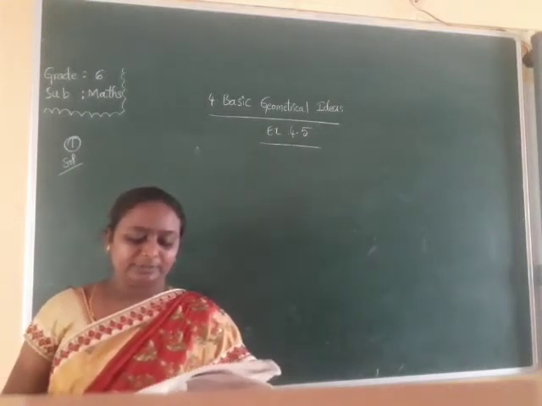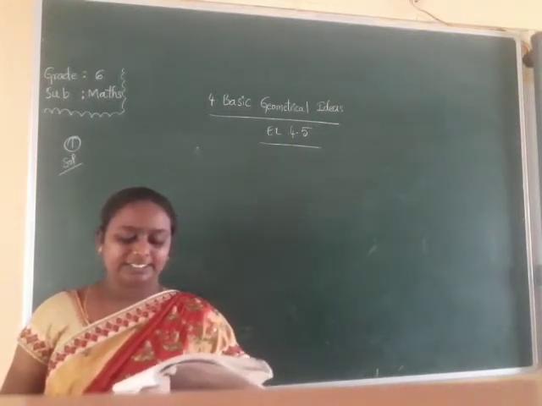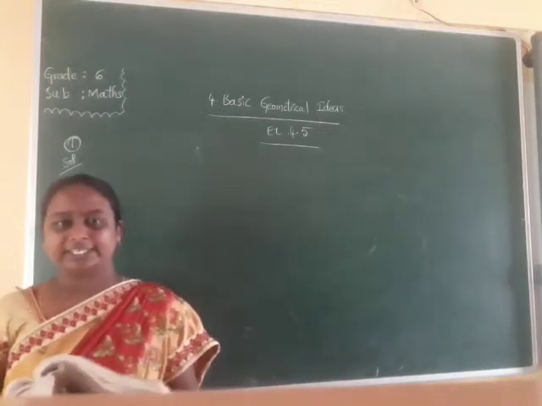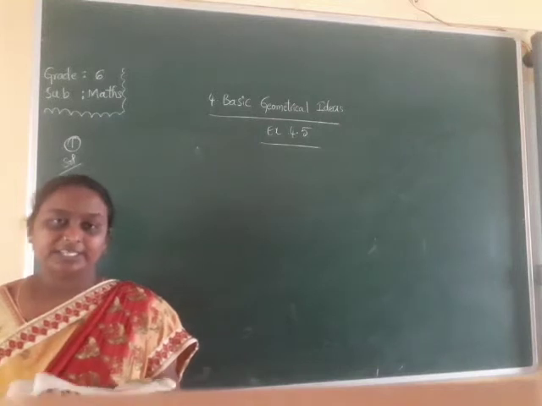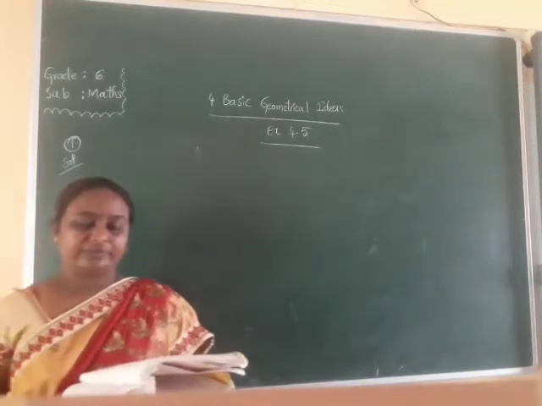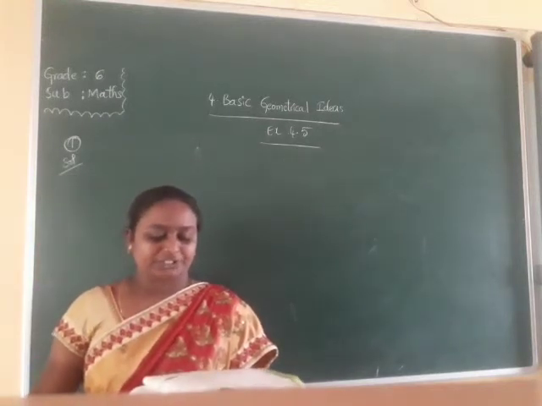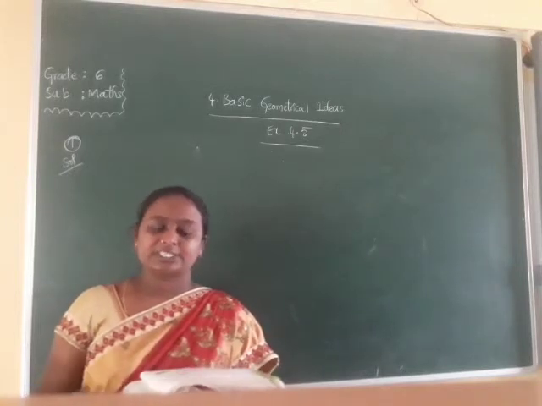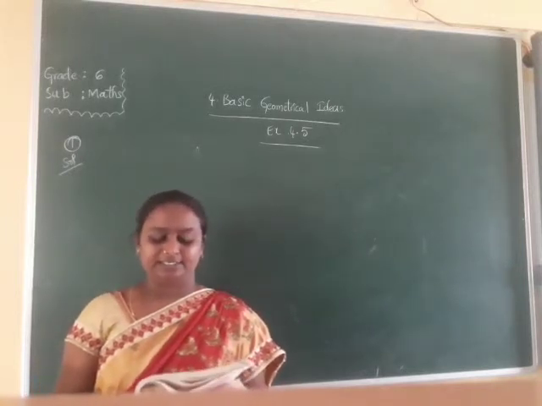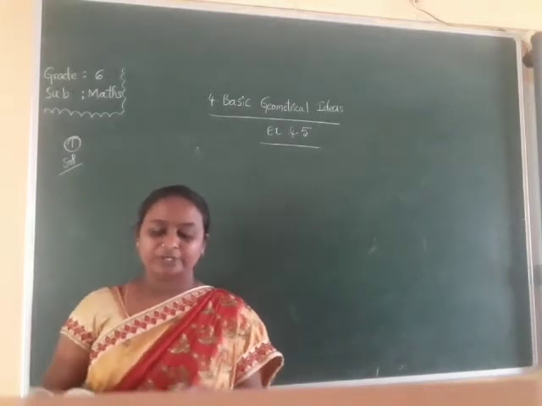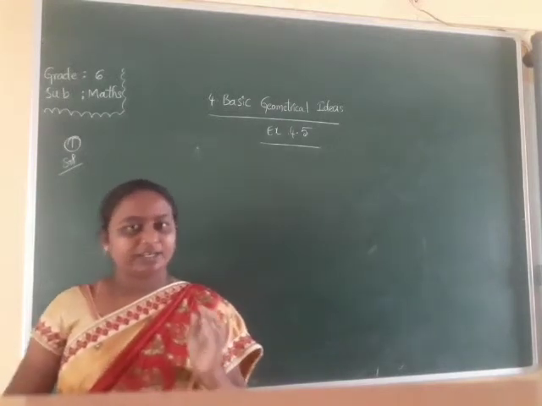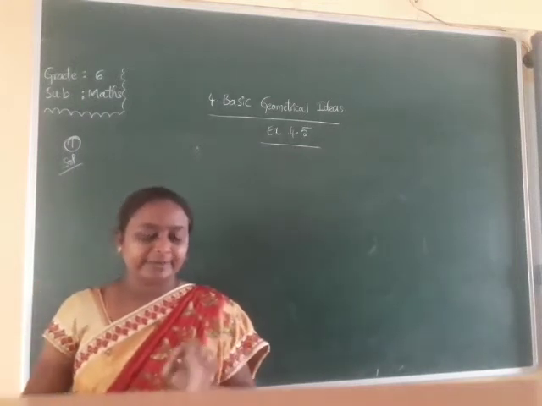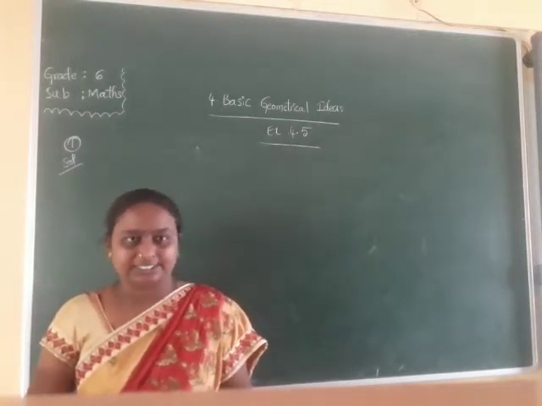Is the meeting point of the diagonals in the interior or exterior of the quadrilateral? Okay, children, observe carefully. In this question, we have to draw a rough sketch of a quadrilateral named PQRS.